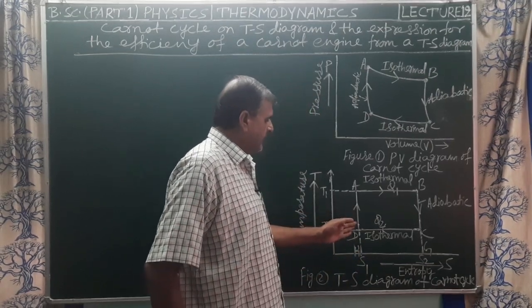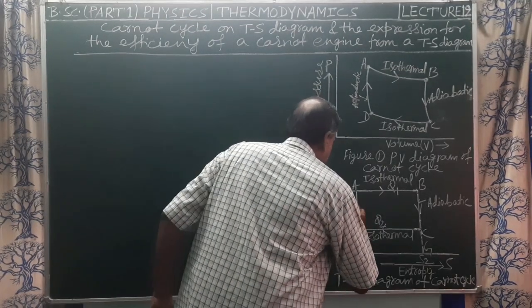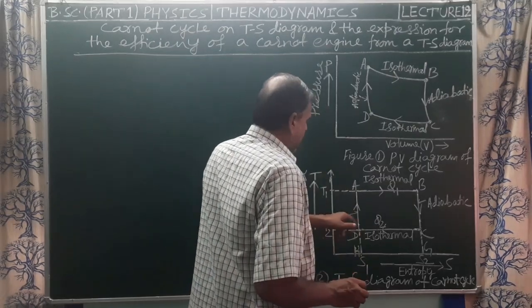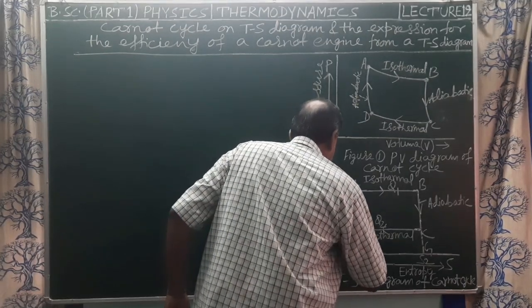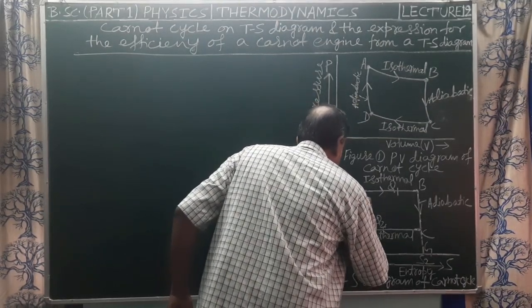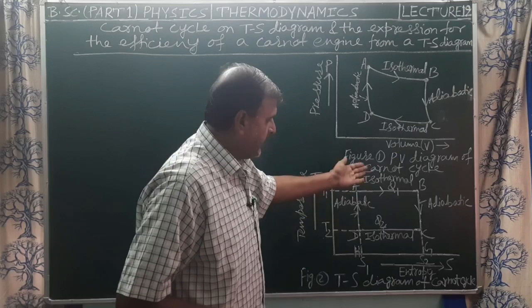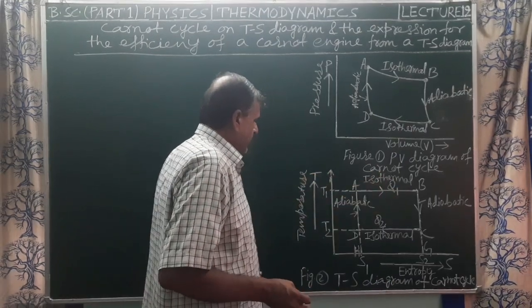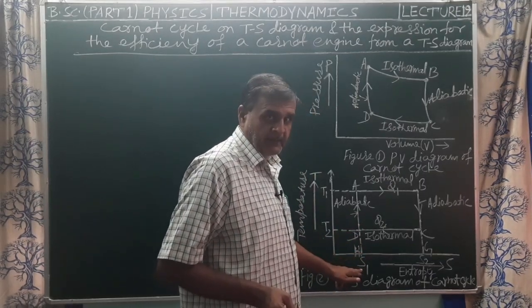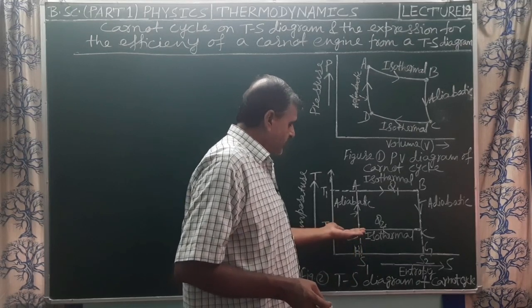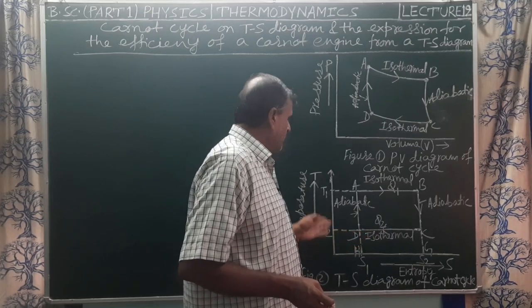Now in adiabatic compression, which is represented by the side DA or AD of the rectangle, entropy of the system remains constant, which is S1, but temperature of the system increases from T2 to T1.